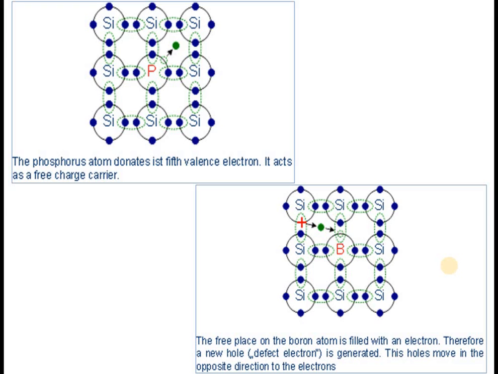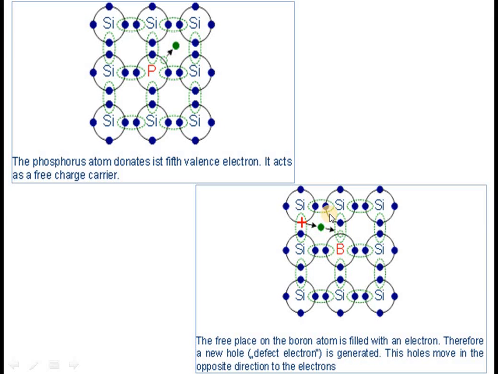Very simple principle. These are finer details which are not necessary for an open course, so I am leaving them. Anyway, you can see here phosphorus is mixed into the crystal of silicon. This way you can make an N-type crystal. Here boron is put in the crystal of silicon.